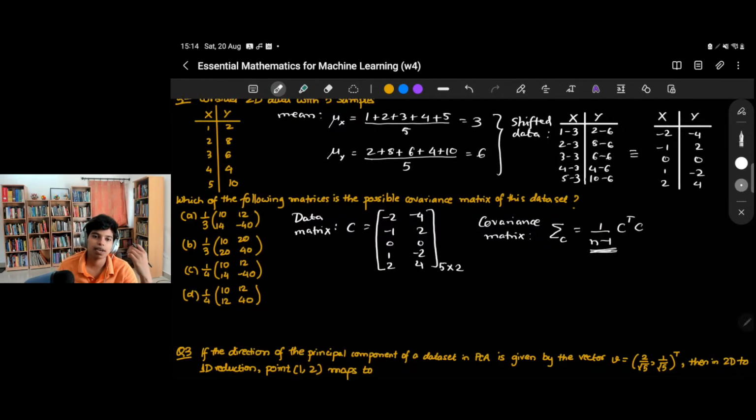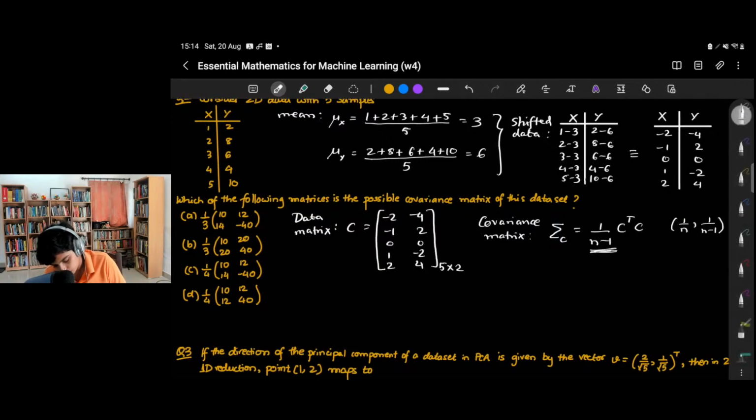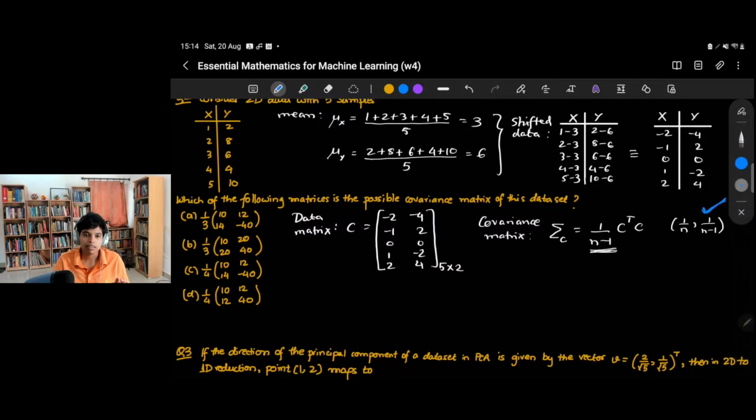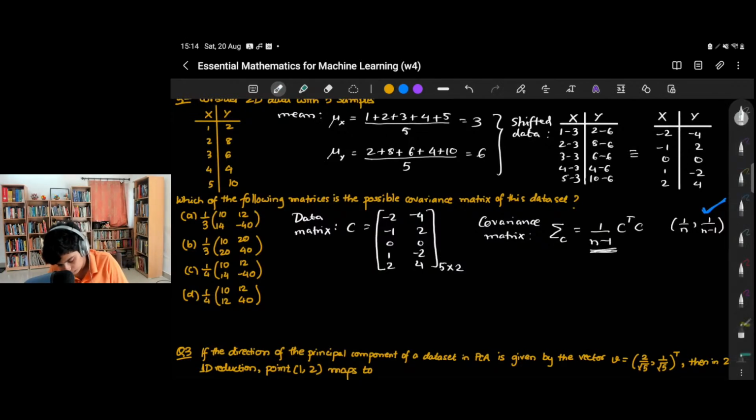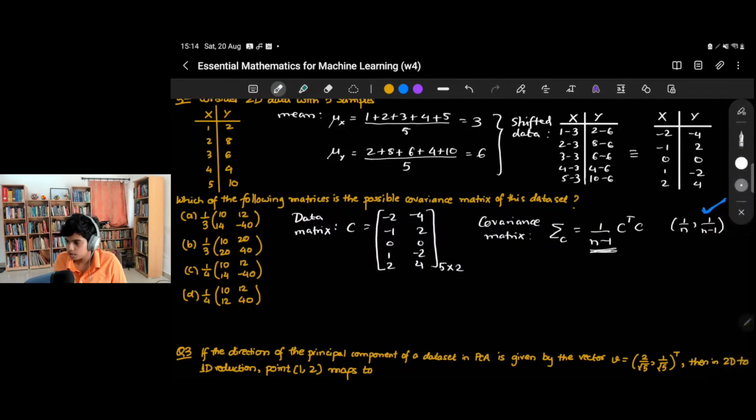If your n is very large, then 1 over n or 1 over n minus 1 would not make much of a difference. But when your n is small, strictly speaking, you should be using 1 over n minus 1. So some people use 1 over n or 1 over n minus 1, but you should be using 1 over n minus 1, especially when n is small. So this is the definition of the covariance matrix.